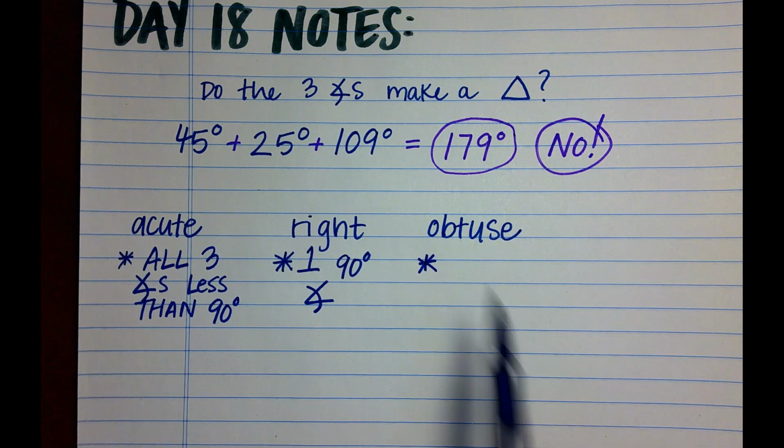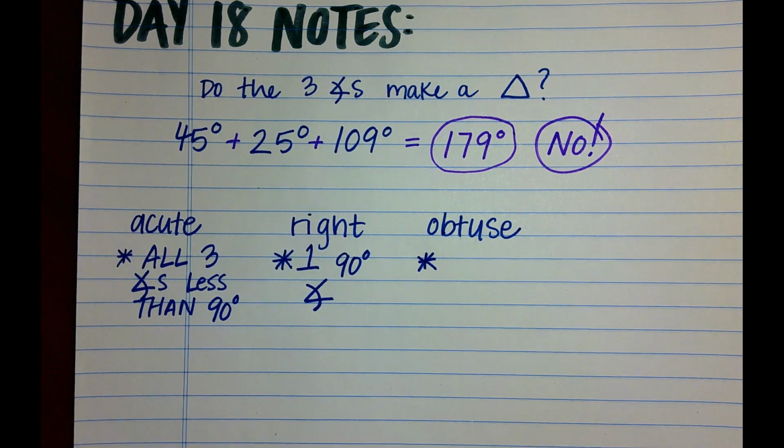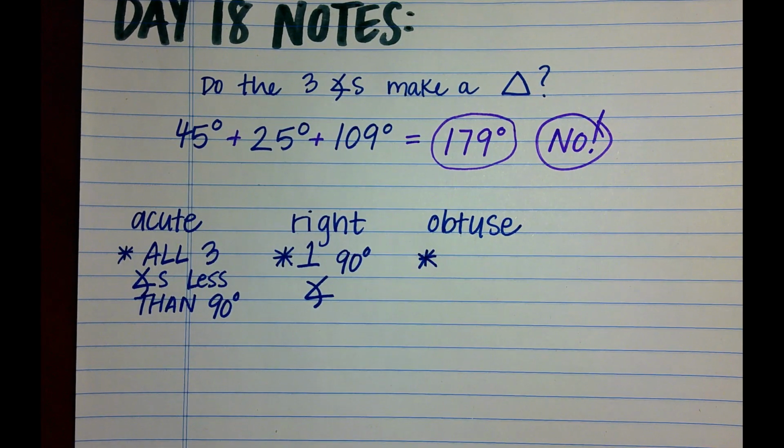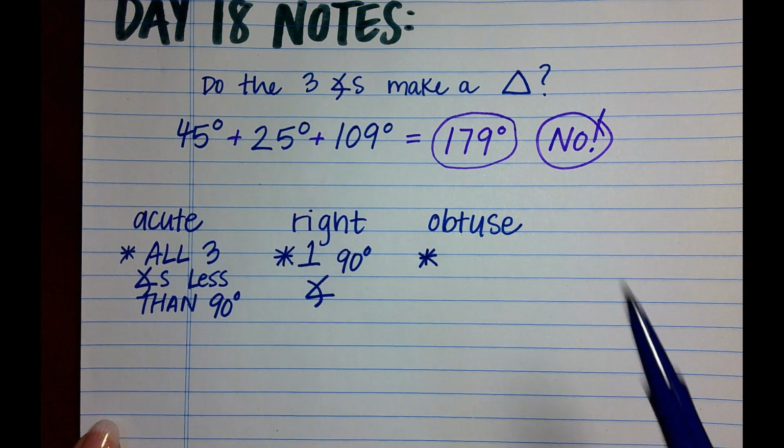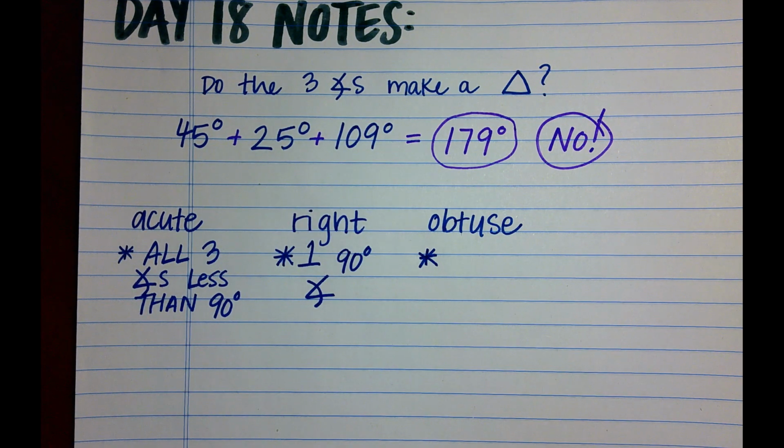Now, obtuse triangle. How many obtuse angles can a triangle have? Just one. So if even one of these angles is more than 90 degrees, it is an obtuse triangle.